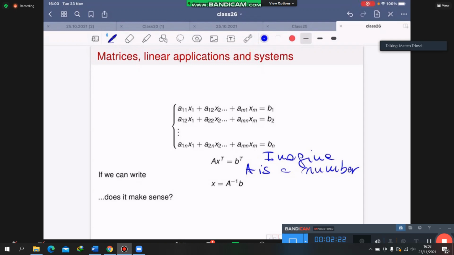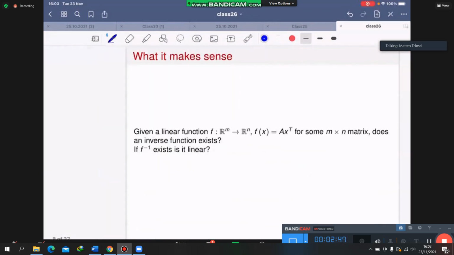In order to find x, you multiply it by a minus 1. That's the idea. But what is the correct question to ask?